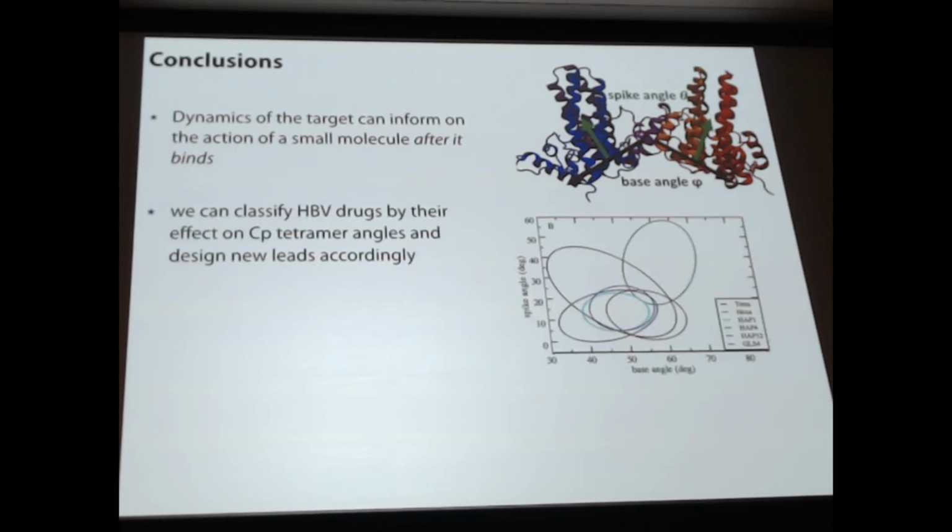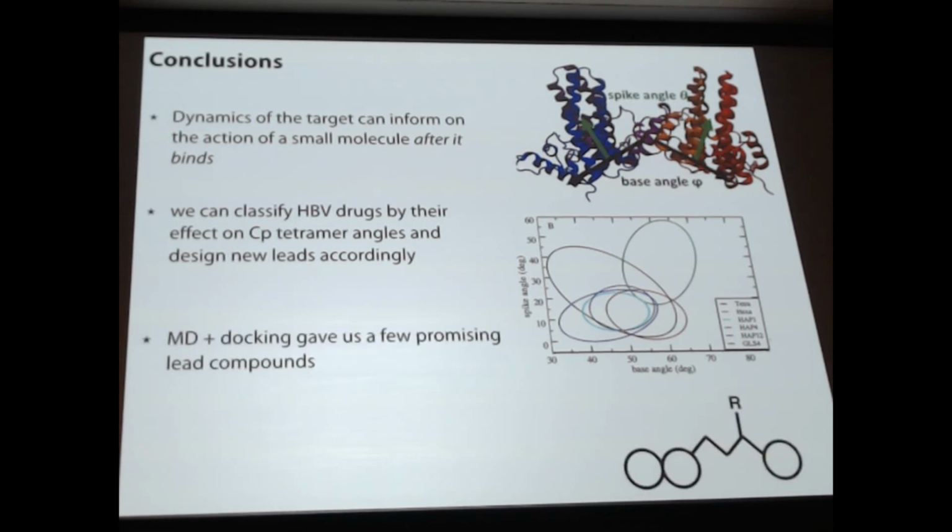And so we can classify them based on these two angles that we've defined. And that seems to correlate pretty well with the experimental classification into misdirectors and accelerators. So molecular dynamics plus docking has now given us a few new compounds to work on.